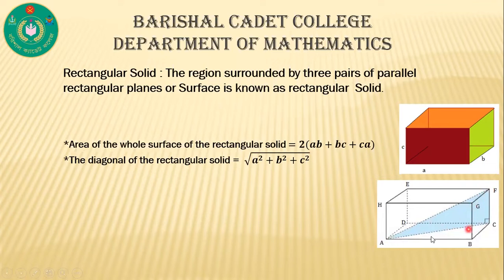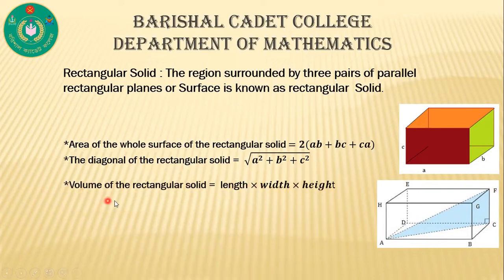Here FC is perpendicular to AC and AF is the hypotenuse. From Pythagoras, AF square equals AC square plus CF square. That's why the diagonal of the rectangular solid is equal to root of A square plus B square plus C square. Volume of the rectangular solid is equal to length into width into height.